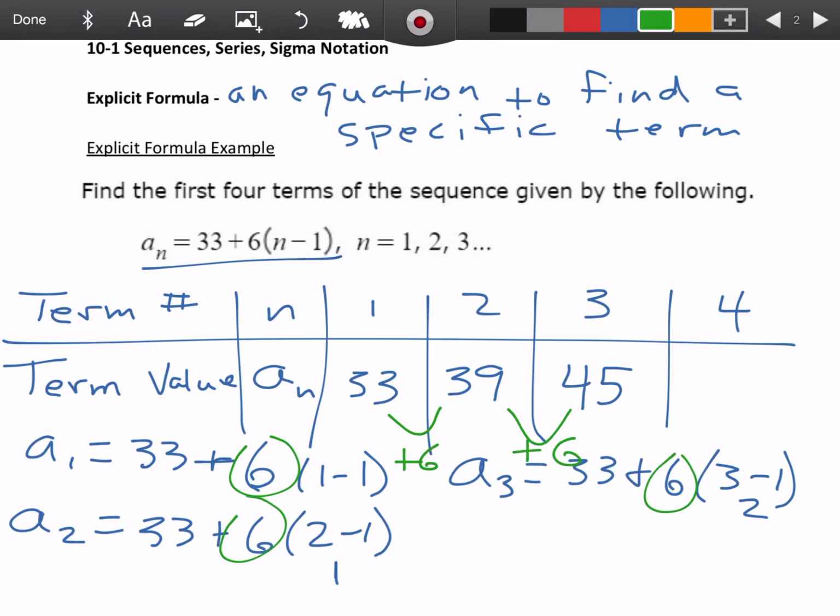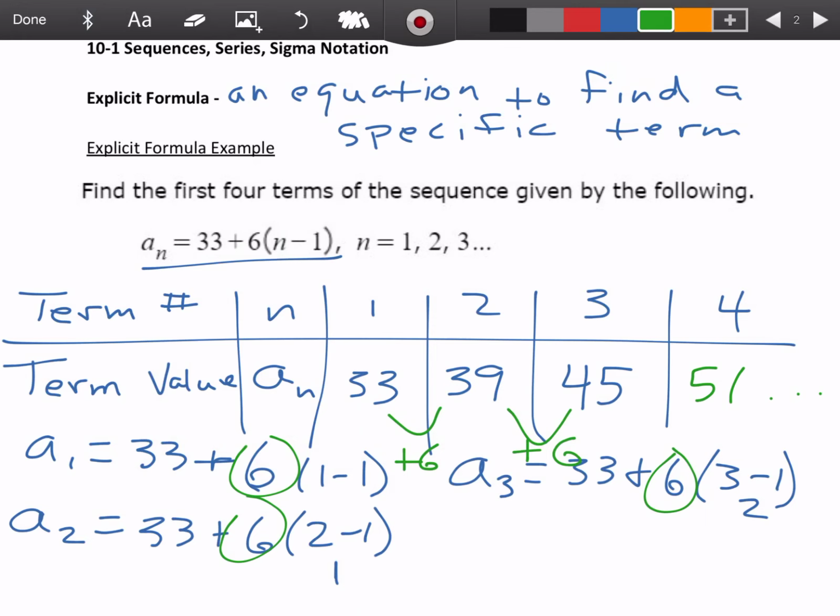Hopefully you realize that because that 6 is in our equation, we're going up by 6 each time. So the next one would be 51, and you could keep going if you needed to. So this is just using this explicit formula to find those first 4 terms. And an explicit formula is nice because you can use it down the road.